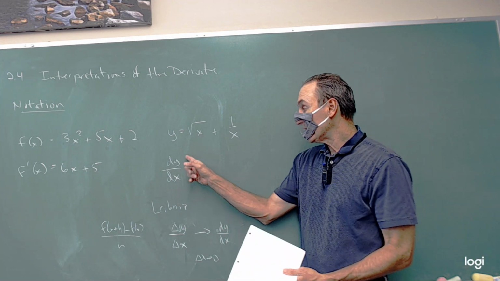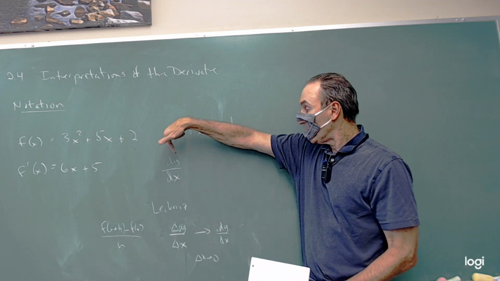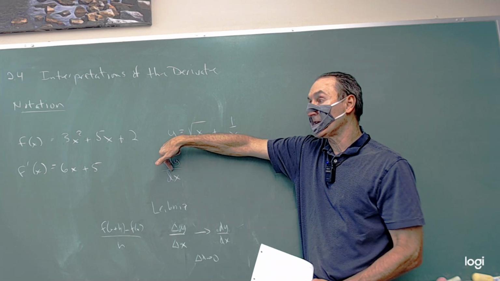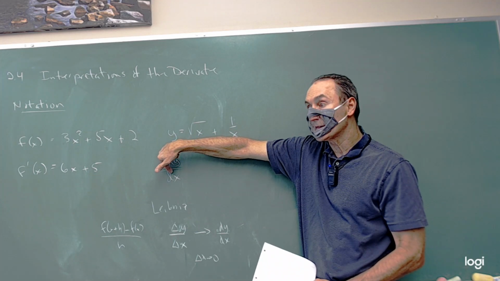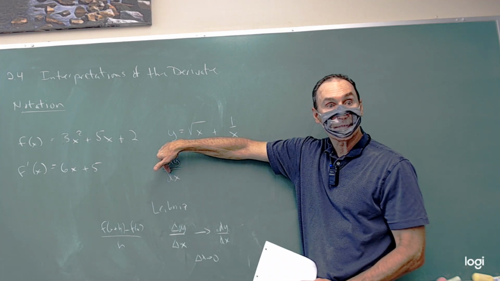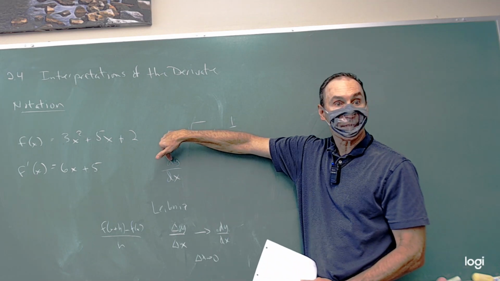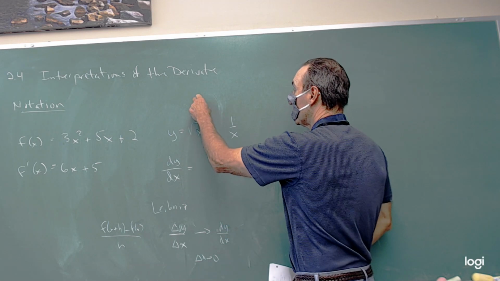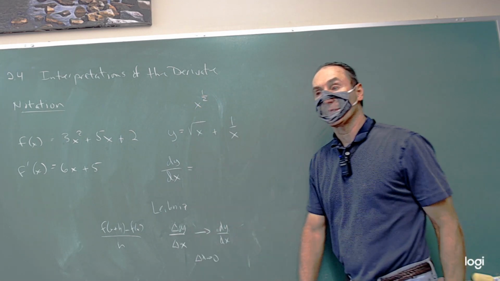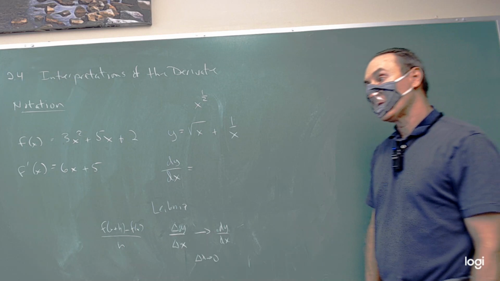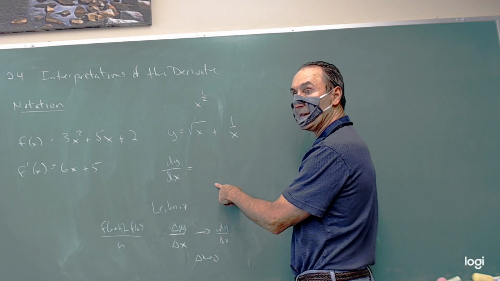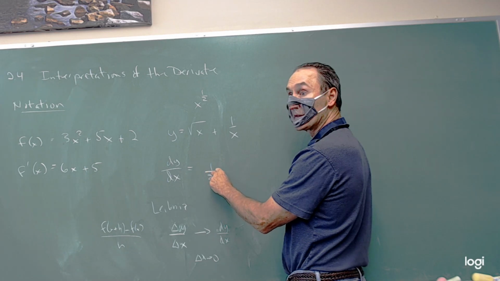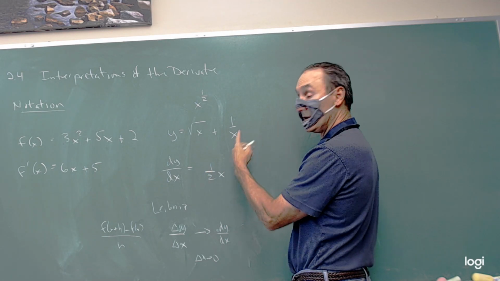And sometimes it's really nice in clarifying what exactly the function is and what exactly the independent variable is. Is it time? Is it x? Is it something else? Is it a radius? And so sometimes this can be very clarifying. And so we would say here dy dx. Here we're going to think of square root as x to the 1/2. So using the power rule, its derivative is going to be 1/2 x to the negative 1/2.